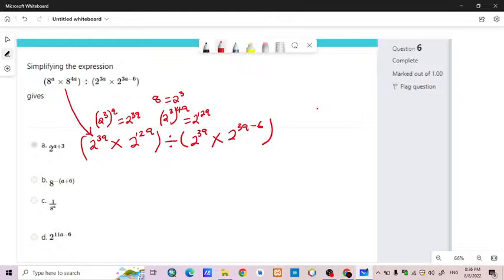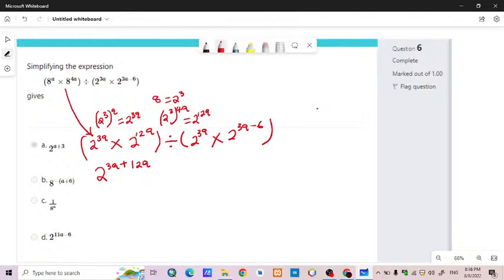So in this case you can see the bases are the same, so we simply add the exponents. When you add 3a plus 12a, let me just write that first. So this will be 3a plus 12a.